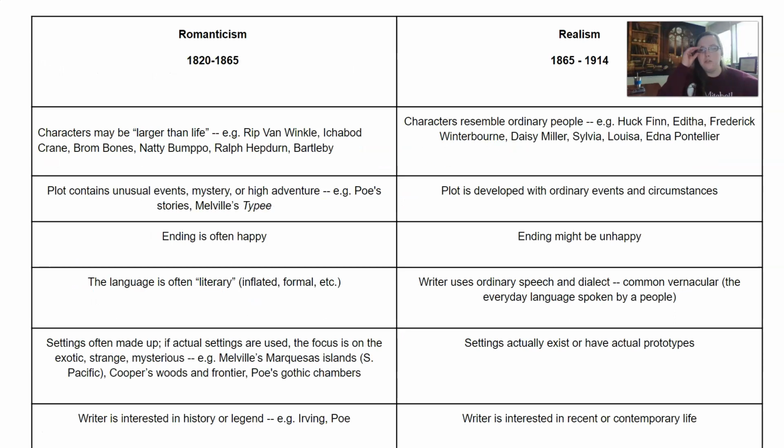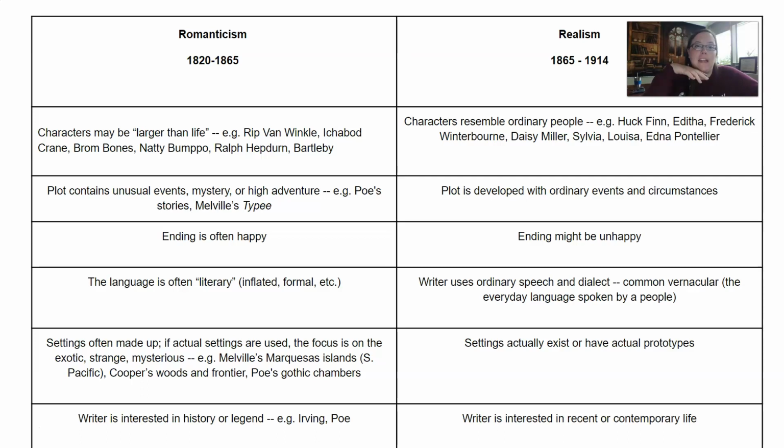Okay, I've got a little chart here, and if you're able to take a look at this in the PowerPoint slides themselves, it might be worth coming back later. But if you have studied literature before the time period that we're looking at, then there's an interesting comparison between romanticism and realism. We're getting out of romanticism and into realism here.